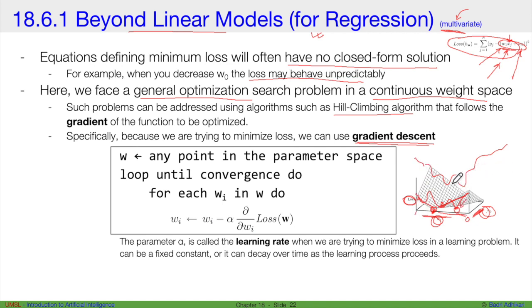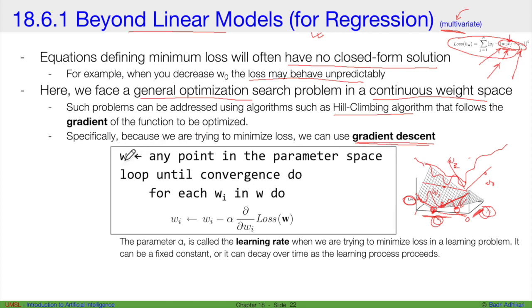And what we want to do is find the best combination of optimal values of W0, W1, and you may have more variables, W2, W3, and so on, so that your loss is minimum. Now let's look at how this gradient descent algorithm works.